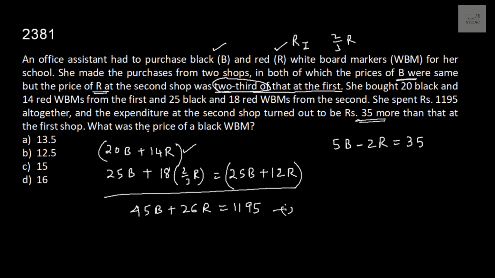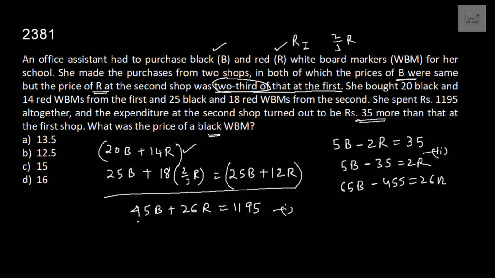Fine. What is the price of black? We have two equations. We can solve this as simultaneous equations, or from here we can find the value of R, substitute here and then solve it. We can find the value of B, whatever we want to do. Like 5B minus 35 is 2R. We have got 26R. If I multiply this by 13, then 65B minus 13 into 35, that is 455, equals 26R.